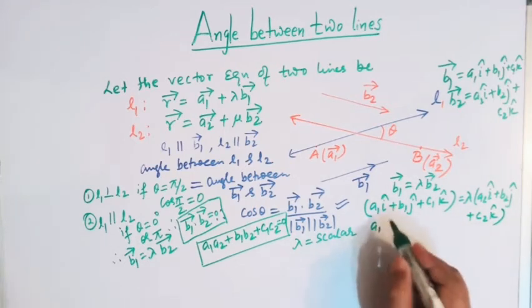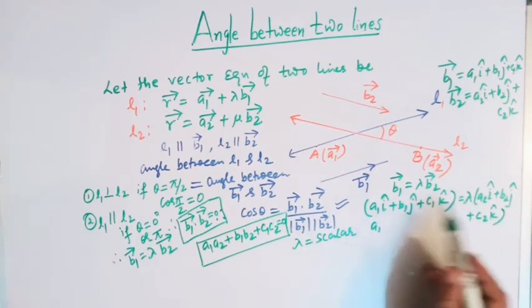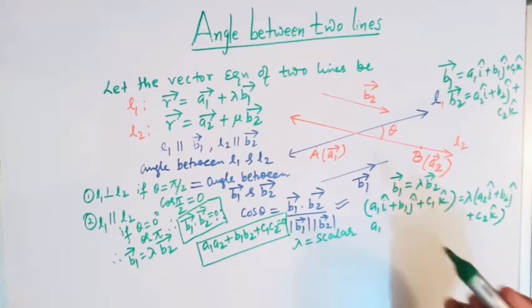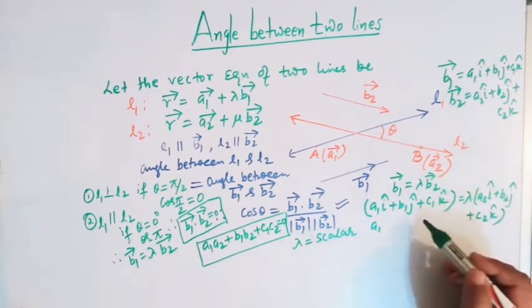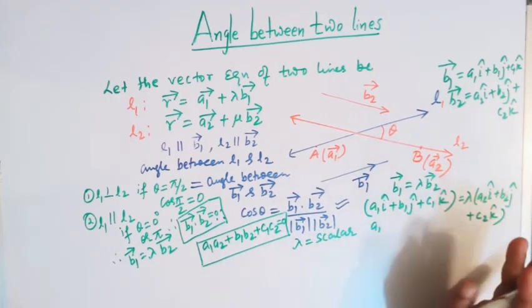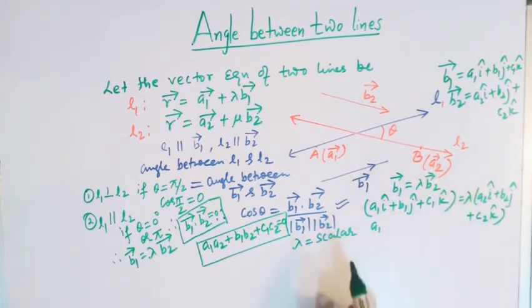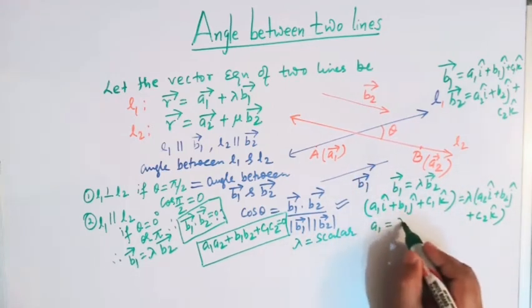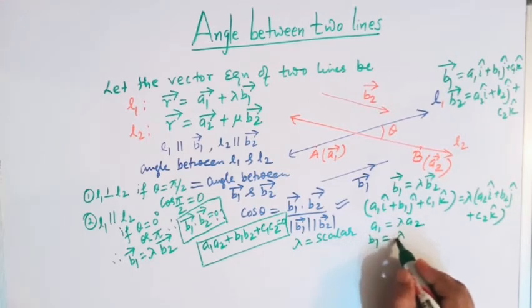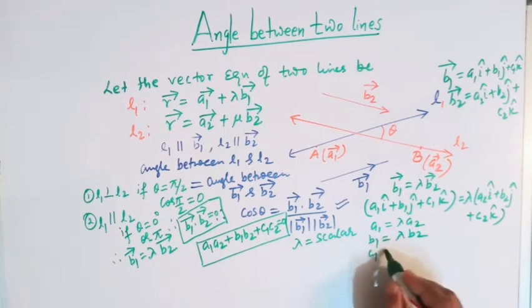Now if we compare the i cap components, or the coefficients of i cap, j cap and k cap, or in other words we can also say that if we compare the x components on both sides, y components on both sides, and z components on both sides, we get a1 is equal to lambda a2, b1 is equal to lambda b2, and c1 is equal to lambda c2.